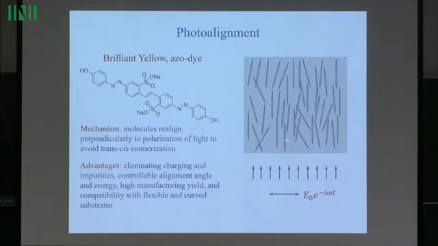Because when it happens, the coupling between the molecule and the perpendicular electric field is no more efficient, and there is no trans to cis conformational change. And in that way, you align the dye molecules.